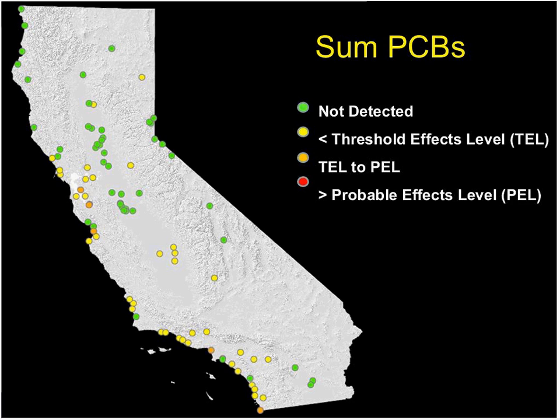So there's an example data set just from 2008 showing the distribution of total PCBs. We're using guideline values that were published by Don MacDonald in 2000, called the threshold effects level, and the PEL is the probable effects level.